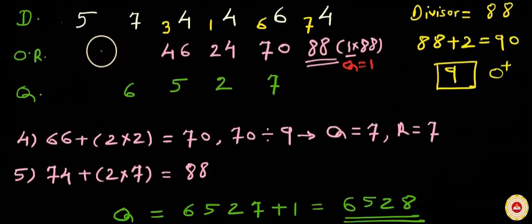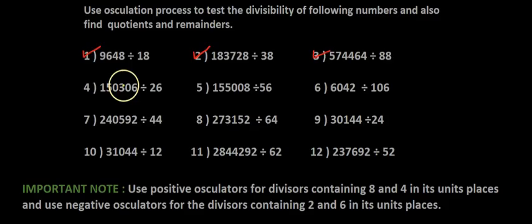It means that 5,74,464 divided by 88 is 6,528, correct?